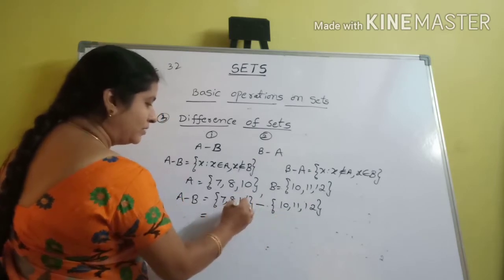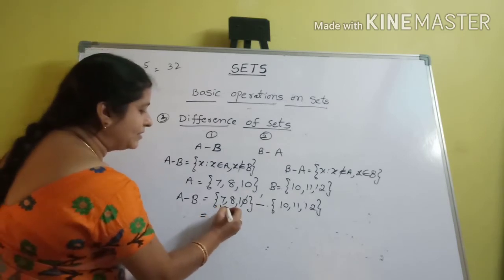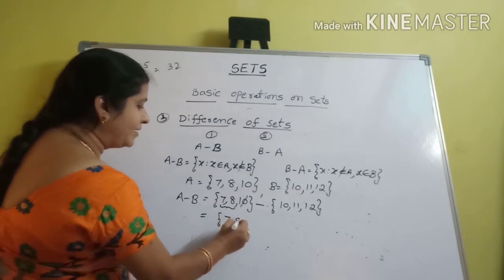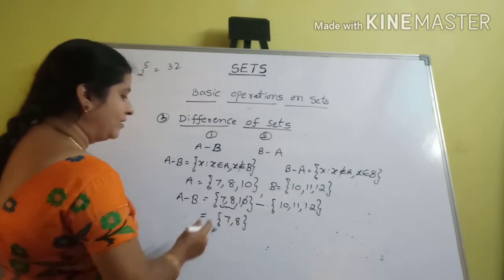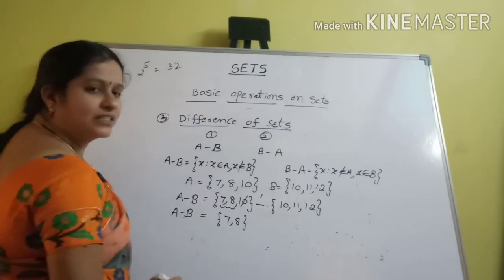So just you strike this. Only 7, 8 are remaining in A minus B. This is the A minus B value.